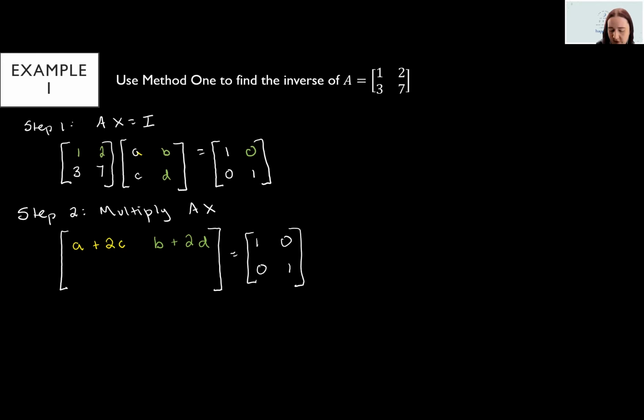And now we need to do the second row. So I'm going to highlight the second row, 3 and 7, and then you go back to the first column. So it's going to be 3 times A, and then 7 times C. And that gets written in, basically, to match with this lower left corner.